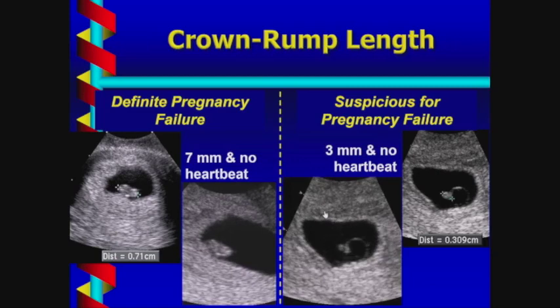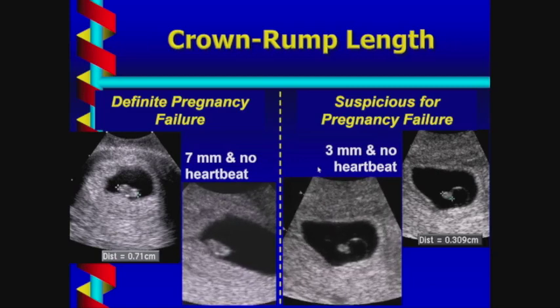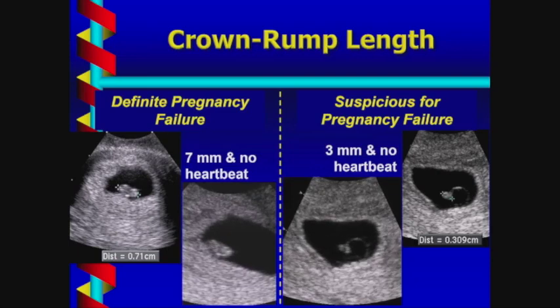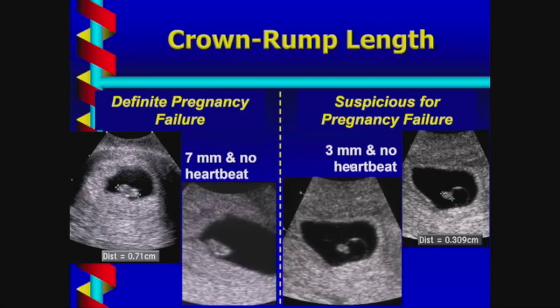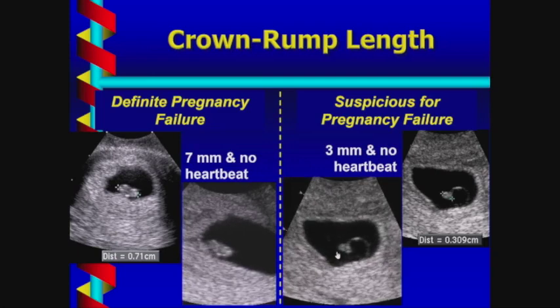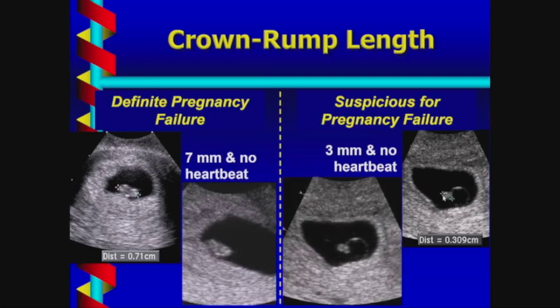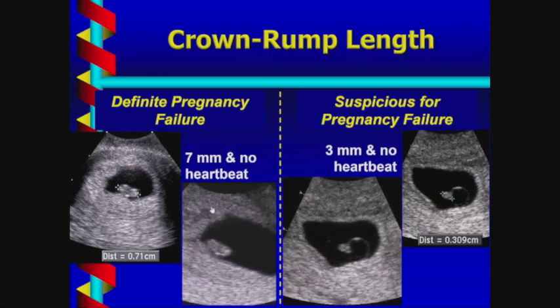in this case, prognosis. A 7 millimeter embryo with no heartbeat, definite pregnancy failure. A 3 millimeter embryo with no heartbeat on the clip, almost for sure pregnancy failure. There's a teeny chance in this case that the pregnancy will make it, and no chance in this case.